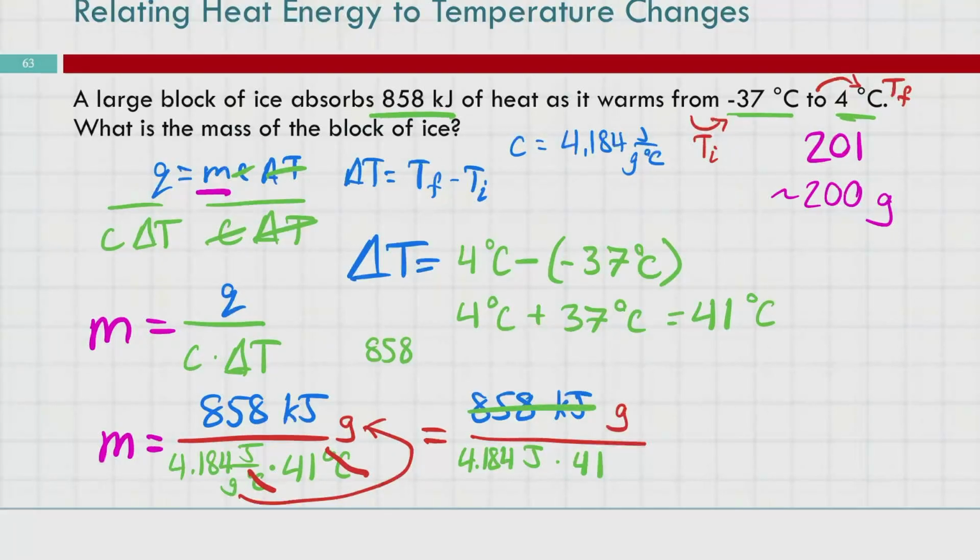Okay, so let's figure out what that's going to be. 858 kilojoules. 1 kilojoule is equal to 1,000 joules, because kilo means 1,000. So 858,000 joules. So we can instead plug in 858,000 joules.